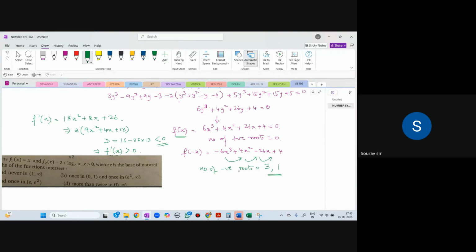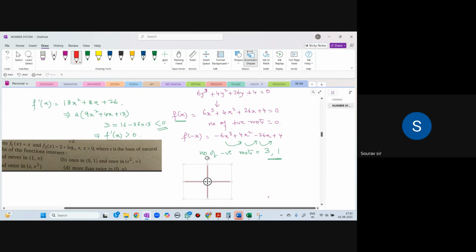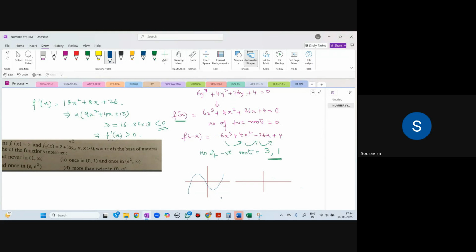So that means, if I have to have 3 roots, the graph must go up and come down and go up again. Only then you will have 3 roots. Otherwise, you can't have 3 roots.